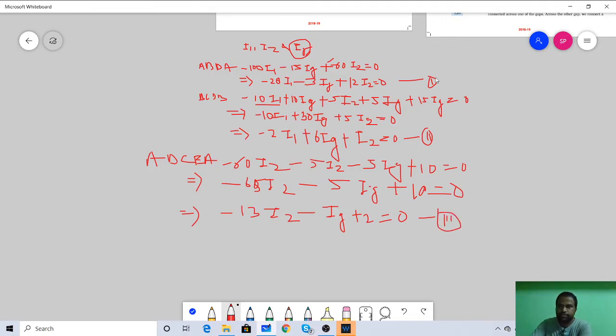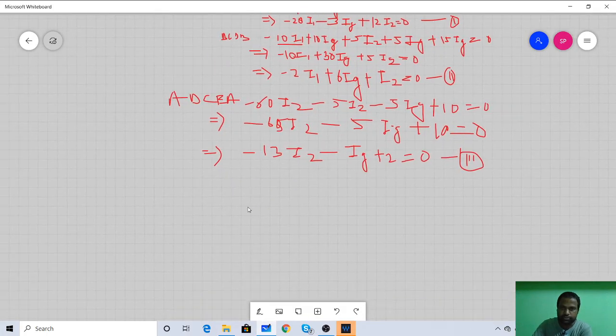Now these are three equations in your hand. You can solve these three equations and find out Iz first. How will you do this? You can see equations 1 and 2. If we multiply equation 2 by 10 and subtract from equation 1, what will happen? You can do these combinations.